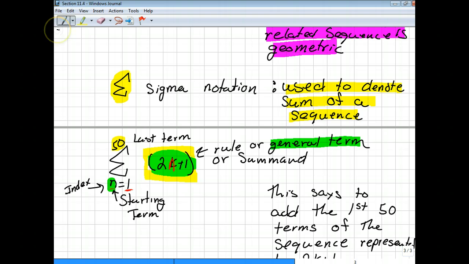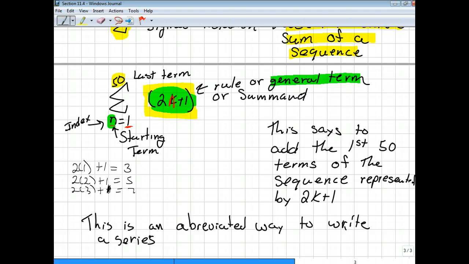So to find those terms, I'd put a 1 in for n. So I would have 2 times 1 plus 1, or 3. And then I would put a 2 in for n. Then I'd put a 3 in for n. Oops, that should be a 1. Etc. until I got to 50.